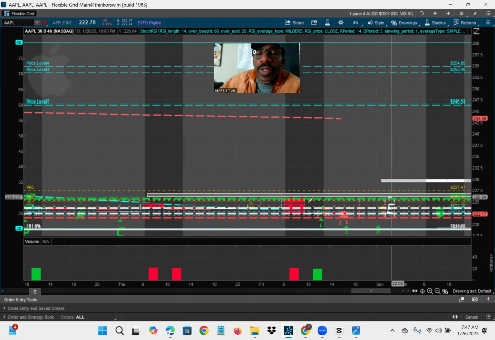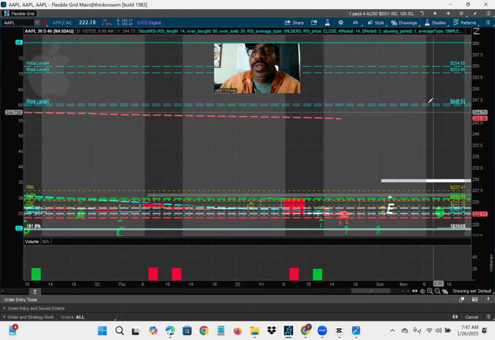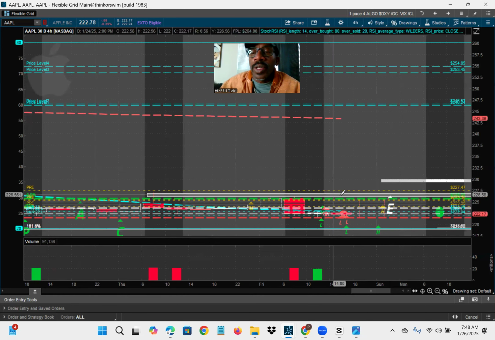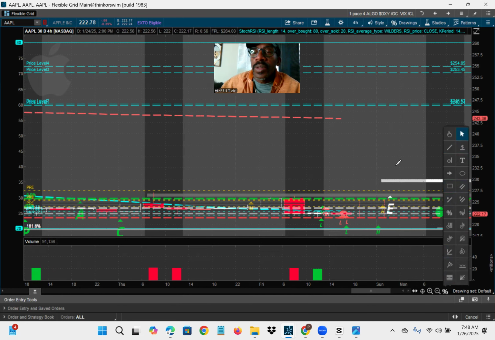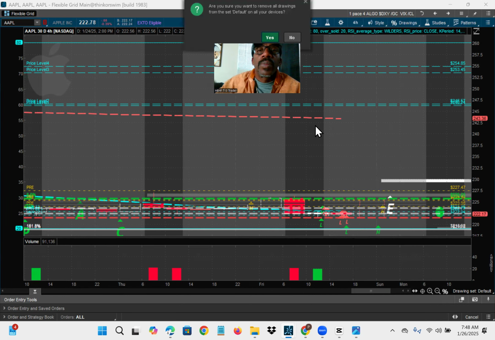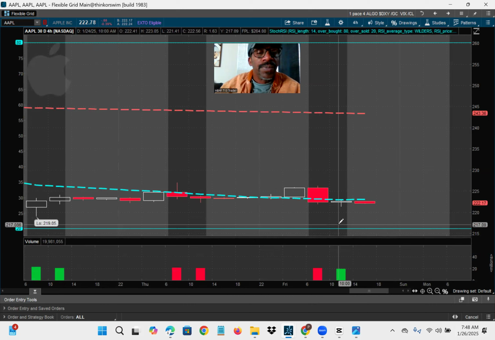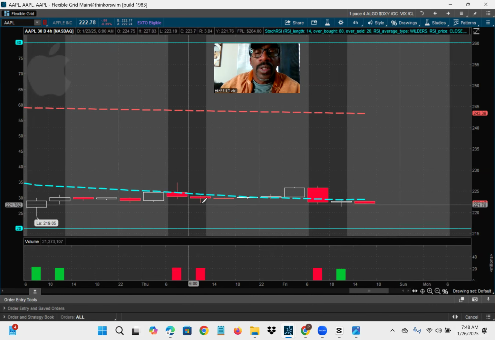Let's move these lines. Because you got me going into it further, let's remove all these supports right now. Okay, let's see. We already said that on the close. I'm just gonna put the support there.